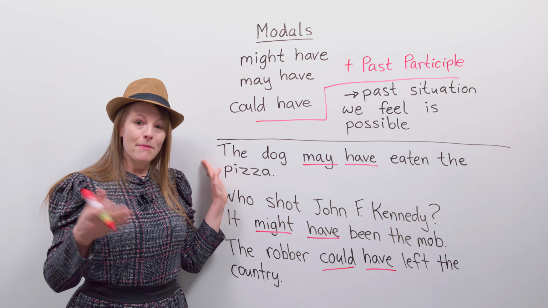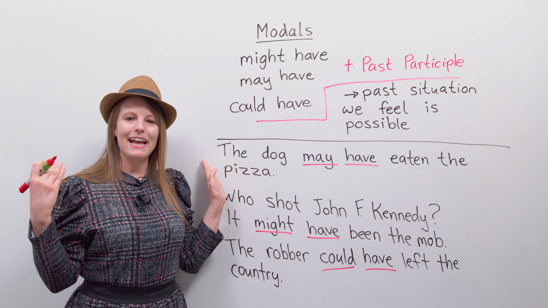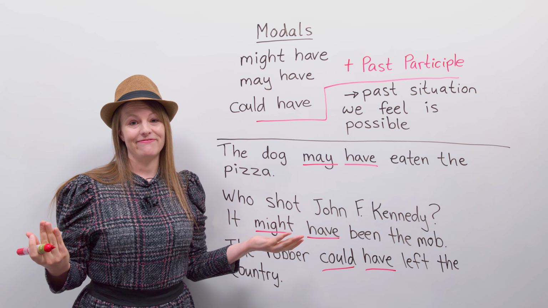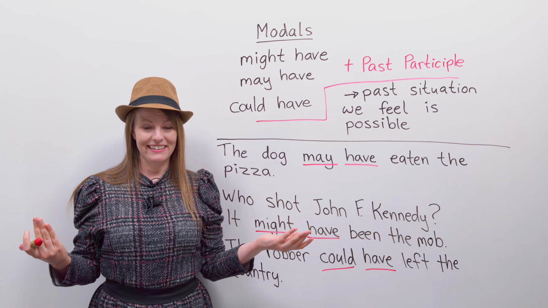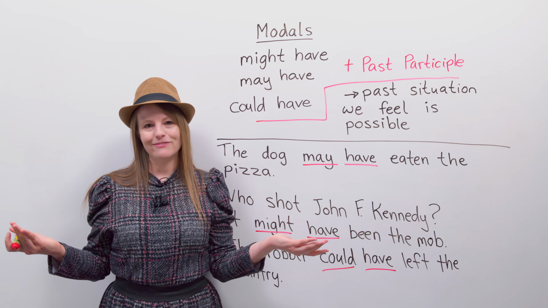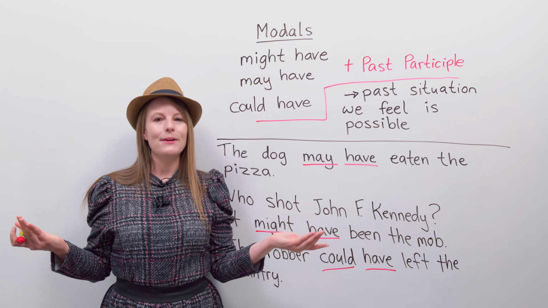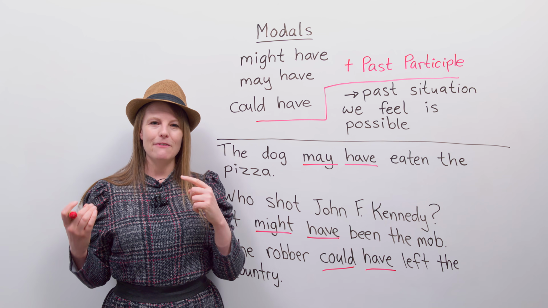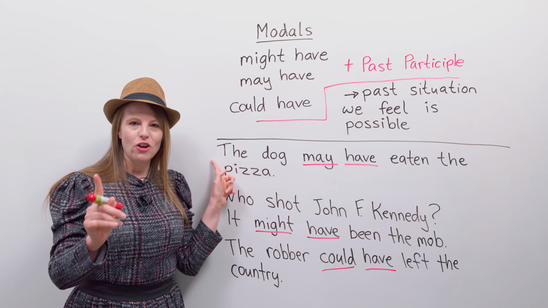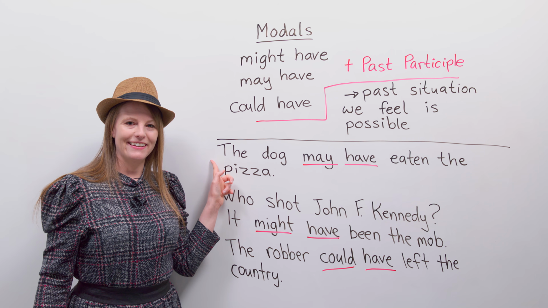So I come home, or yesterday I came home and there was no pizza. The pizza was eaten. Who ate the pizza yesterday? I don't know. I wasn't at home to see. But if I think about it, I have a dog. The dog may have eaten the pizza.